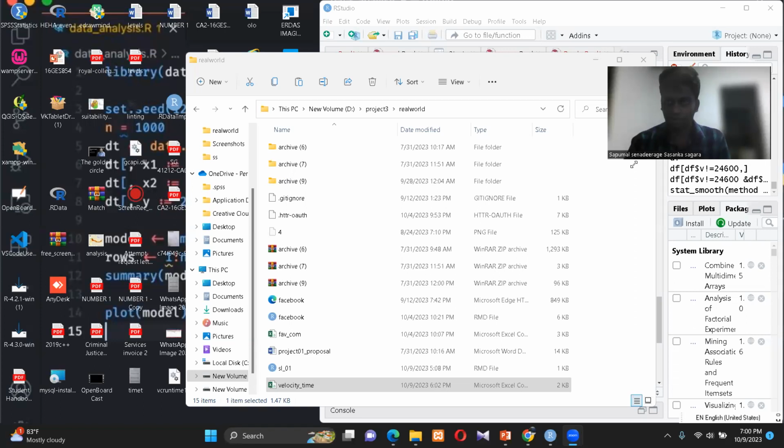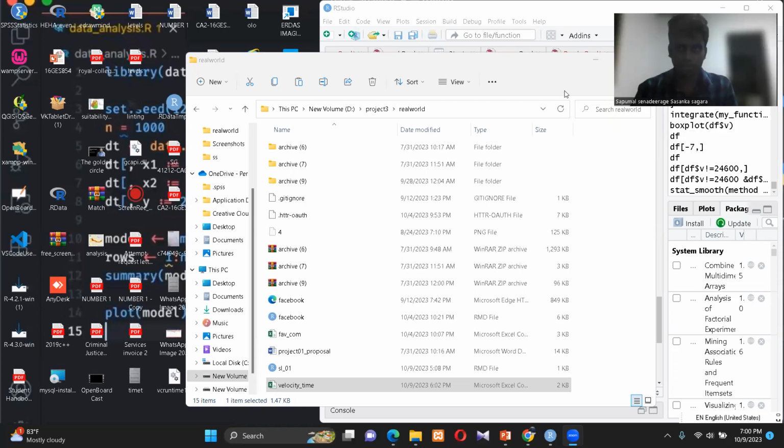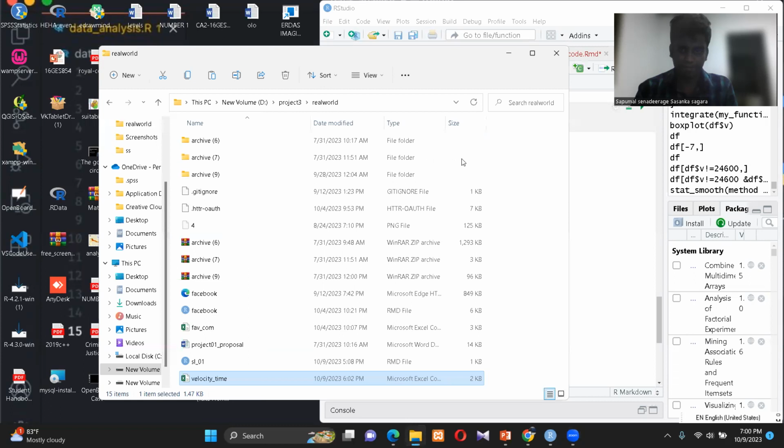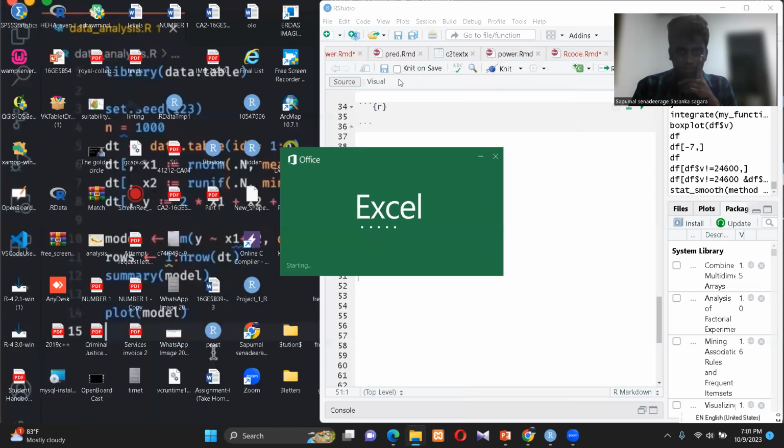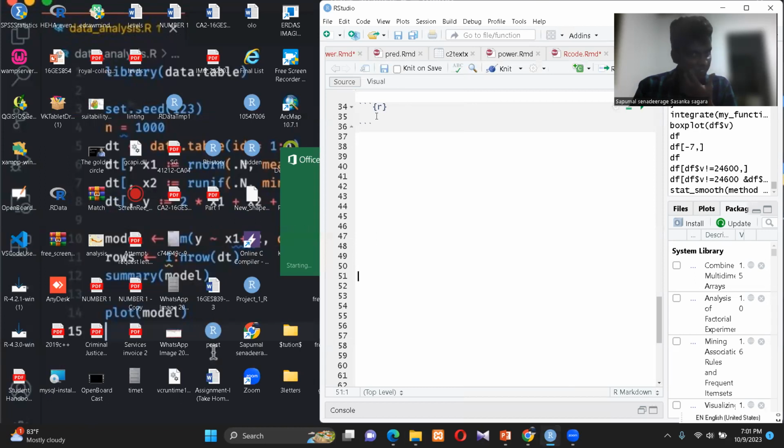So the motion, the velocity has been recorded against time, right? Velocity against time, right?